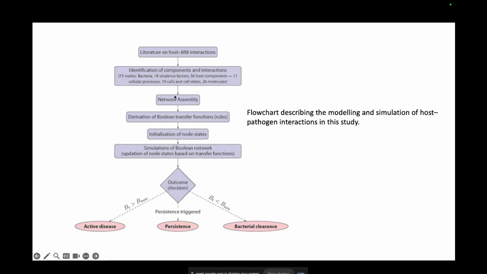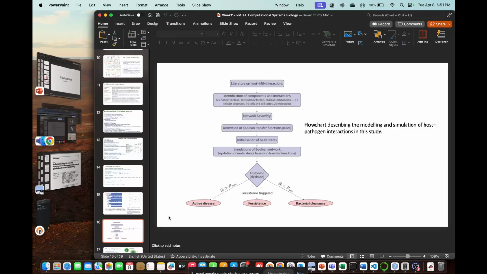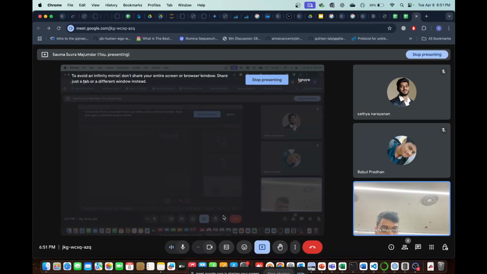Then you do the network assembly, derive the Boolean transfer functions, initialize the node states, and simulate the network. Then you have these three conditions possible, and you get the probability that the states remain in each of these three conditions. So this is the example that I wanted to discuss.